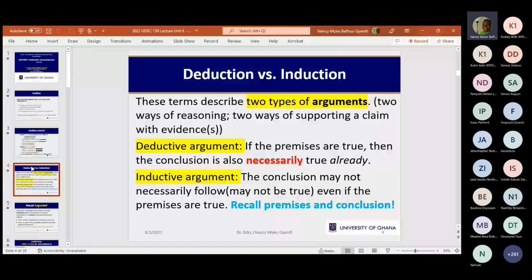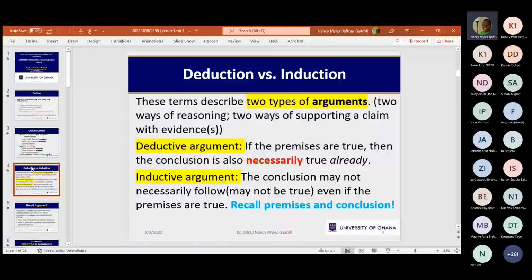The conclusion is already entailed in the premises. That is why your conclusion is not different, so to speak, in value from the premises. So when the premises are assumed to be true, the conclusion would also have to necessarily be true because of the nature of that conclusion.